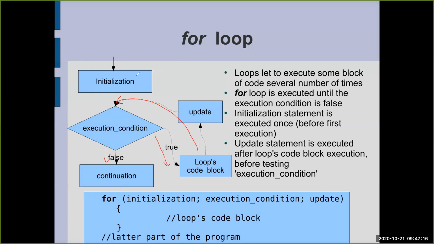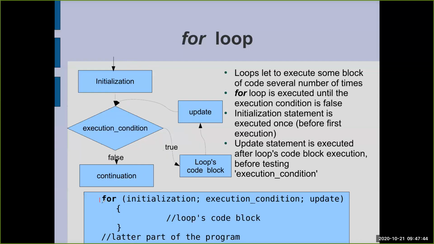In C and C++, we have 3 different kinds of loops. The most popular is the for loop. So now I'd like to look inside. So look, if we have a for loop, it consists of several elements.